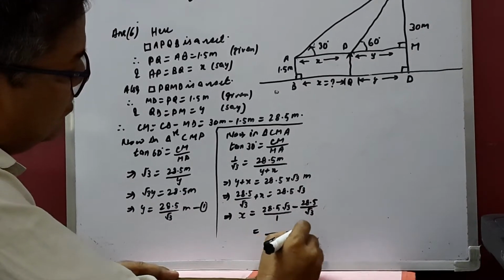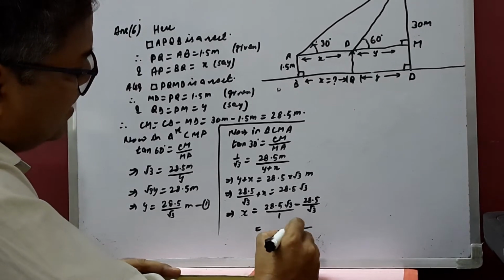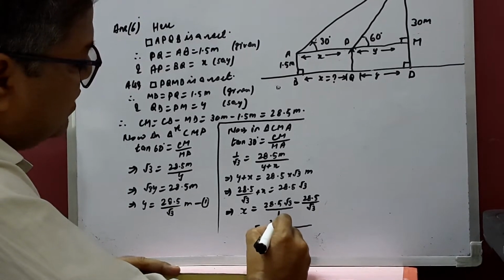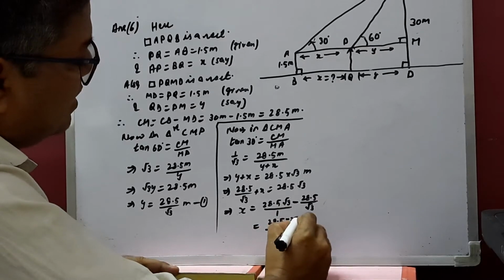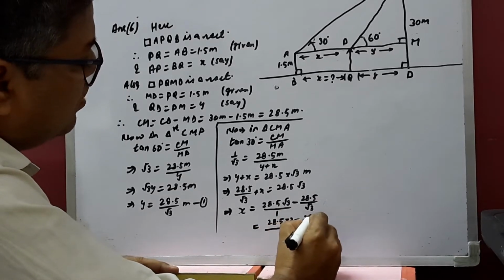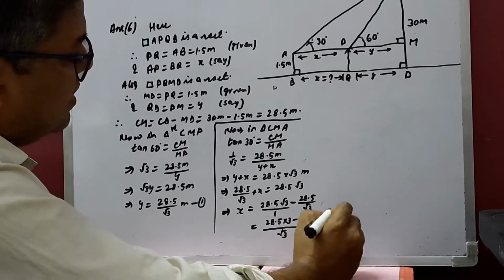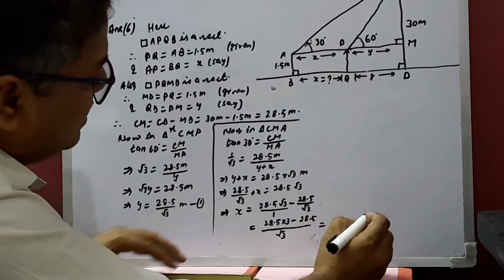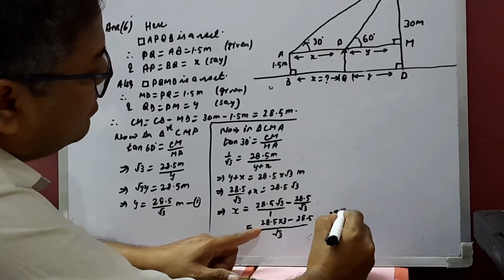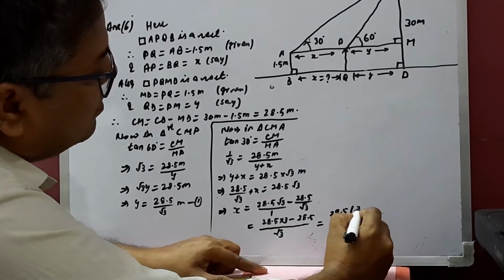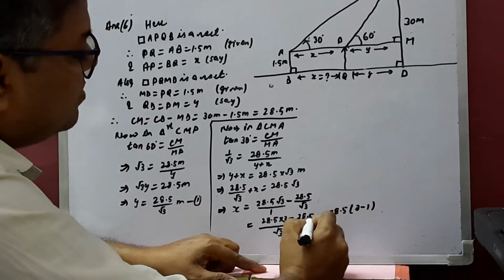This is the LCM, root 3, and this becomes 28.5 into 3 minus 28.5, and you will take 28.5 as the common, 28.5 into 3 minus 1. This is the smart calculation.